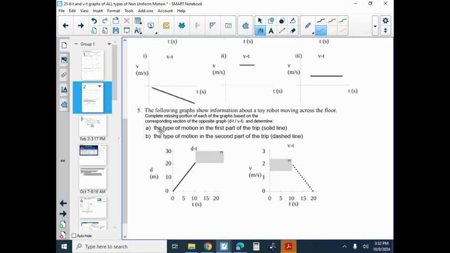So determine or describe the type of motion in the first part, the solid line, and in the second part. These are equivalent graphs. These are equal graphs, same motions. Okay, so let's add in there same motions. All right, same motions there. That's important to realize, I guess, for doing that question.